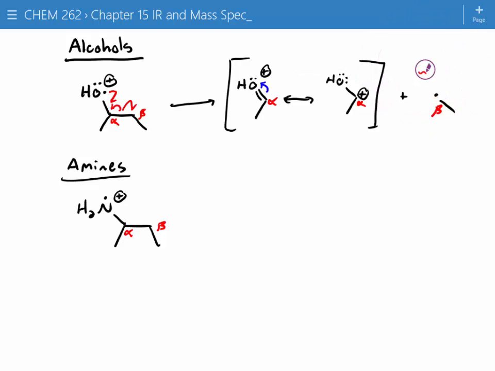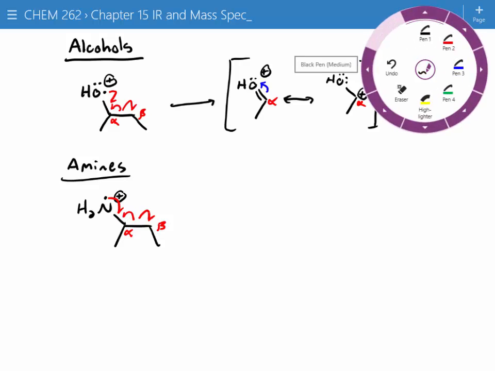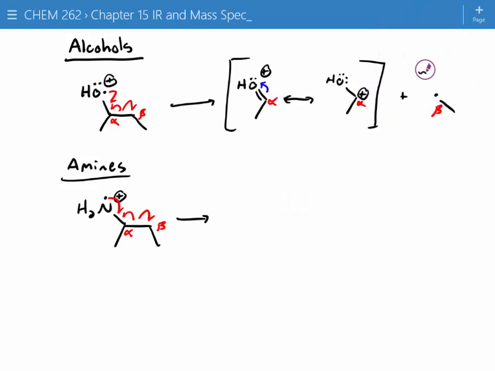And now this radical can hop down. This electron from that alpha-beta bond can hop over, and then we can eject off a new radical. So we still have our amine on there, but now we've got a double bond to our nitrogen, giving it a positive charge.